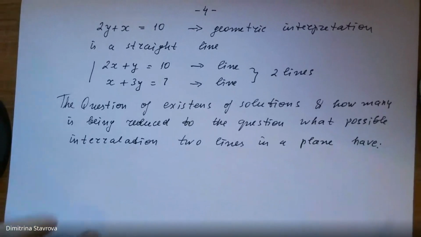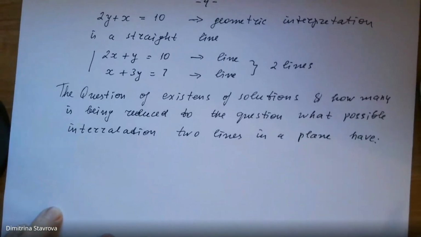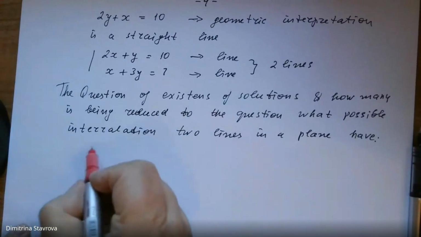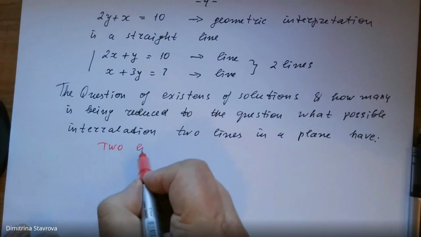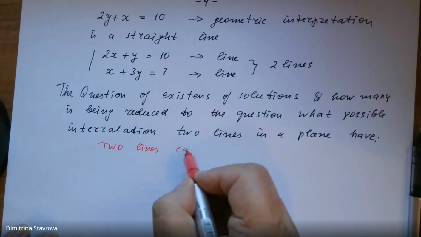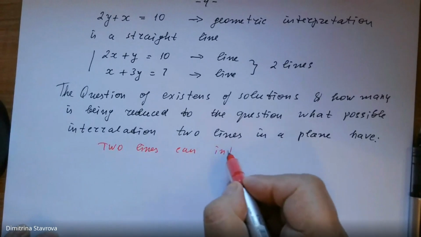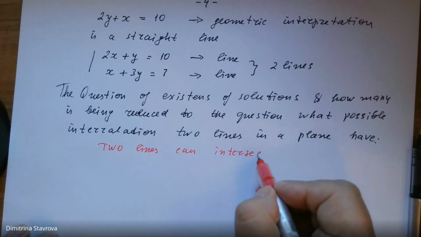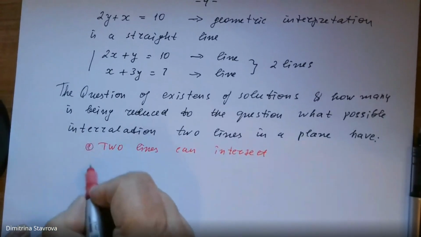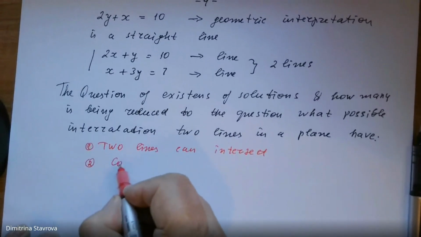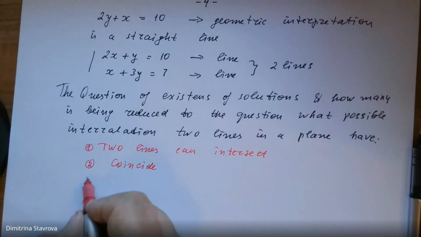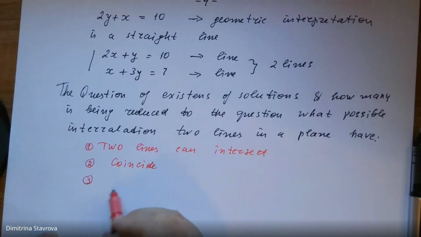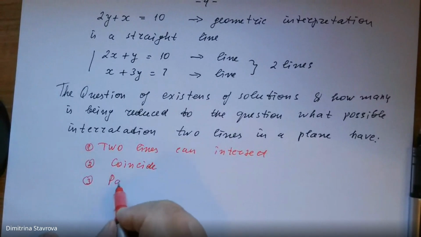And this is a much easier question to be asked. Why? Because if we have two lines, they can intersect, they can coincide, and the third possibility is they can be parallel.